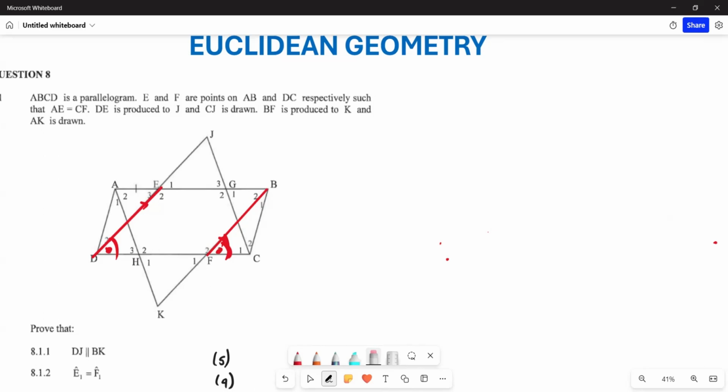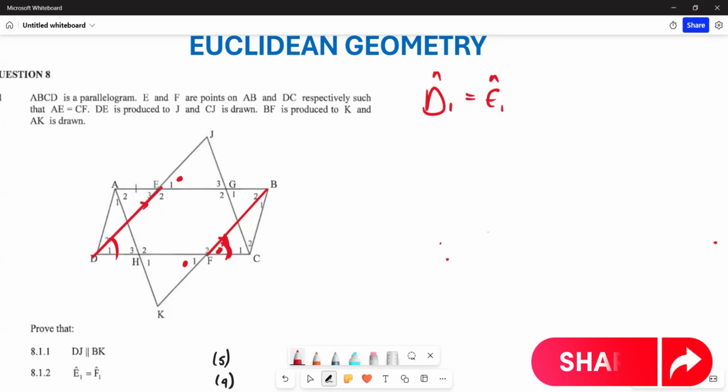Let's see. To prove that my E1 is equal to F1, this is going to be almost simple now, right? Let's start here. Look, this is my angle D1. Can you see that my angle D1 is going to be equal to my angle E1?